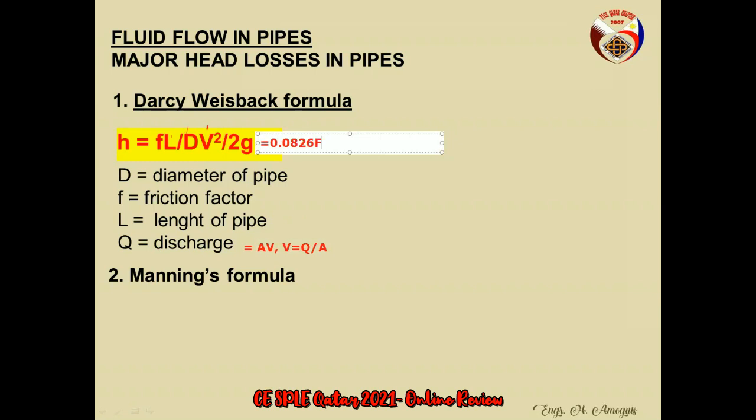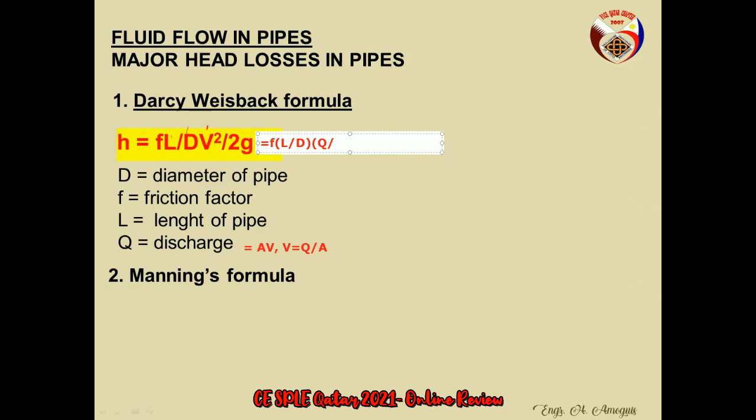Derived, for example: F, then L over D, then V squared. What is your V? Your V is Q over area.